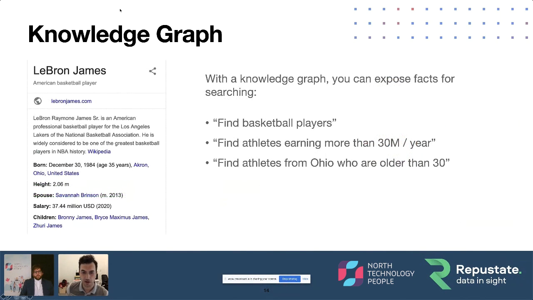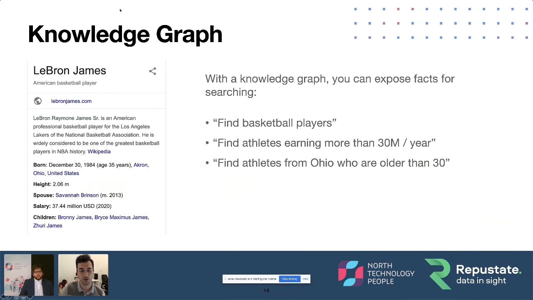You see a knowledge graph all the time when you do Google search results, those little info boxes on the right that are often taken from Wikipedia. Those are knowledge graphs. And when you have a knowledge graph and you are able to persist it and codify it properly, you're able to start to expose interesting search possibilities.